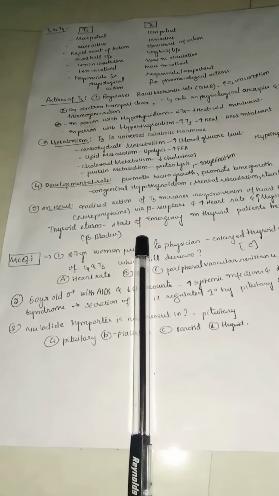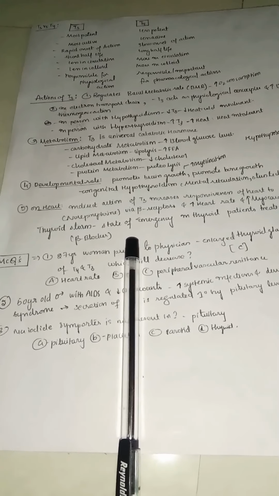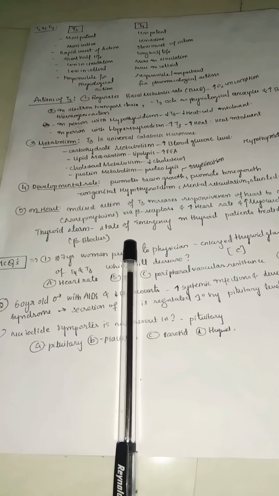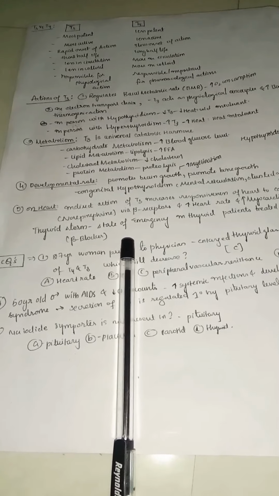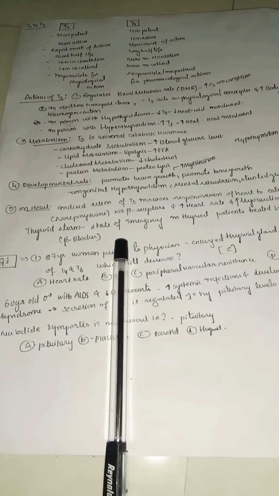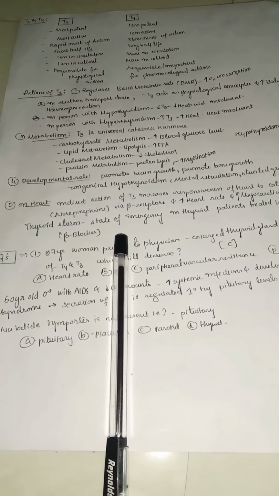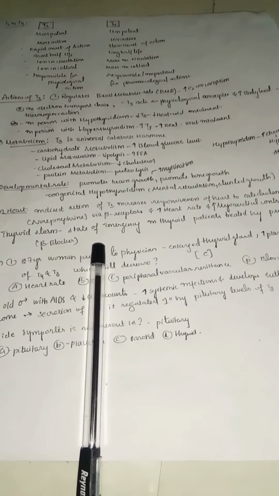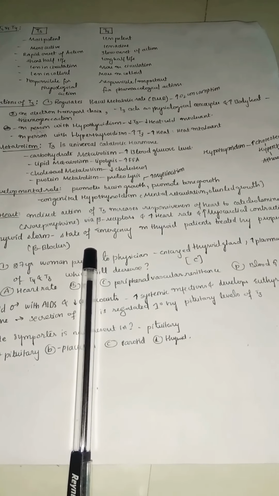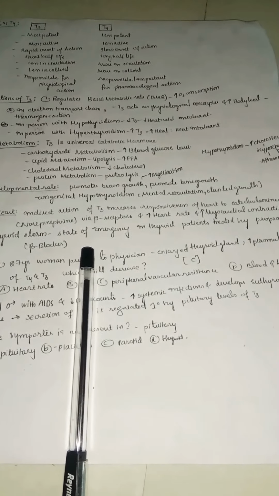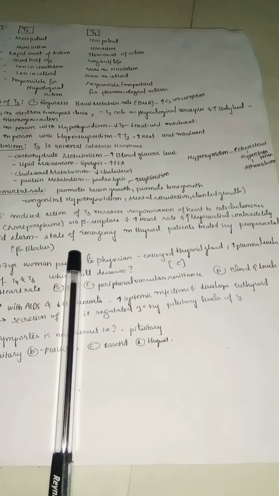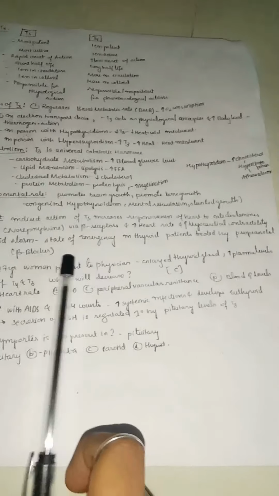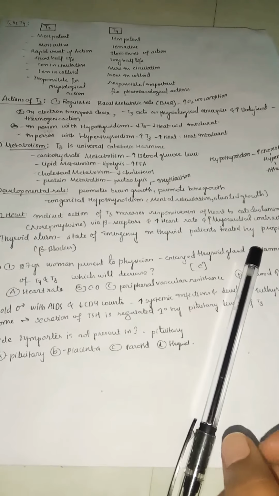Mainly what thyroid does is it indirectly increases sensitivity of the heart to catecholamines, especially norepinephrine. Norepinephrine acts on beta receptors and increases the contractility of the heart, and at the same time also increases the heart rate. So if a patient is having thyroid storm, with a lot of thyroid hormones, it will lead to a serious condition, so we need to treat it as an emergency, mainly by propranolol, because propranolol is a beta blocker.